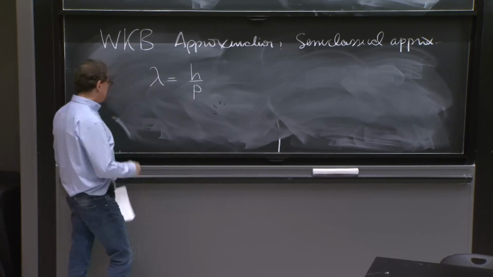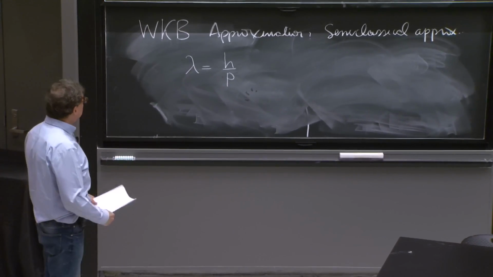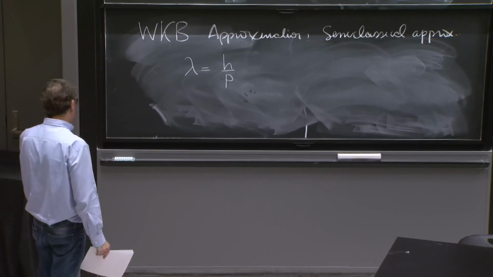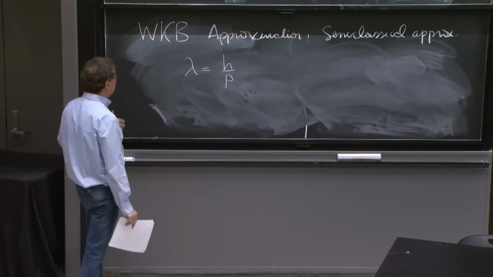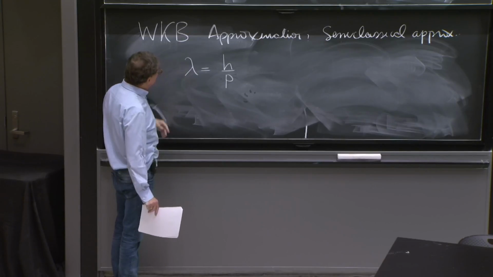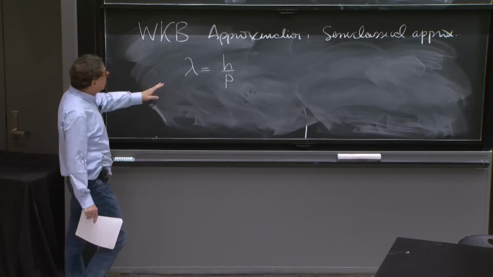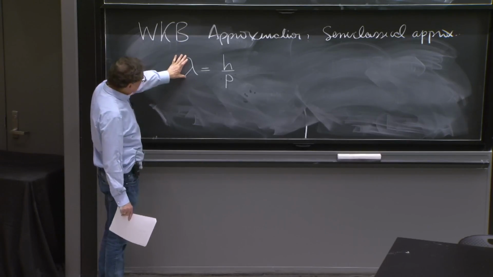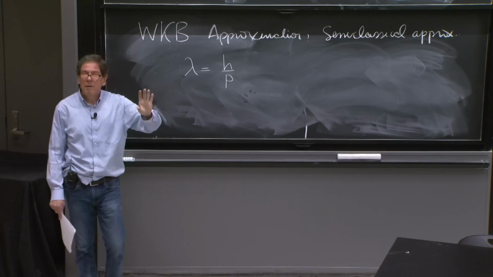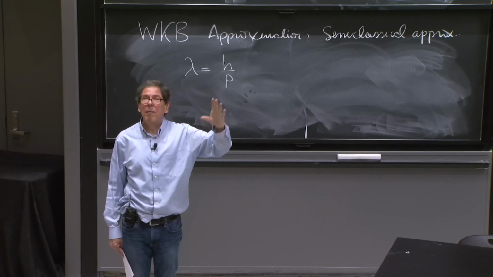This is de Broglie. And many people say that the semi-classical approximation has to do with the fact that quantum mechanical effects are not that important, and that may happen when the de Broglie wavelength is much smaller than the physically relevant sizes of your apparatus.